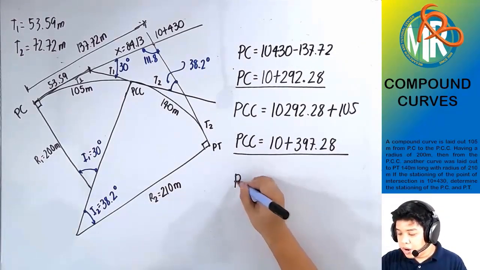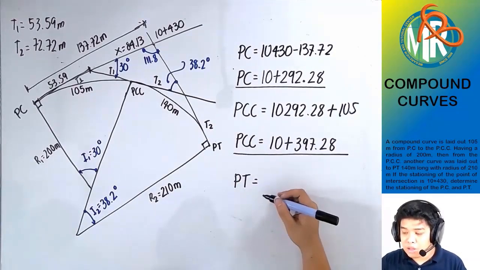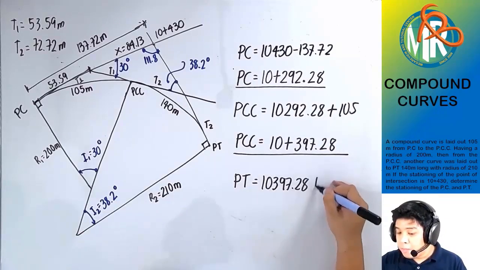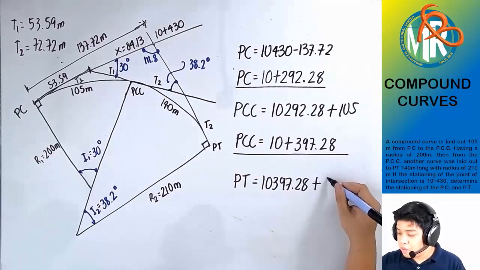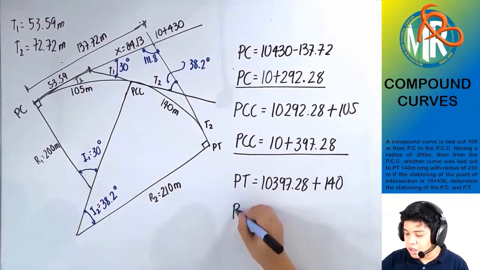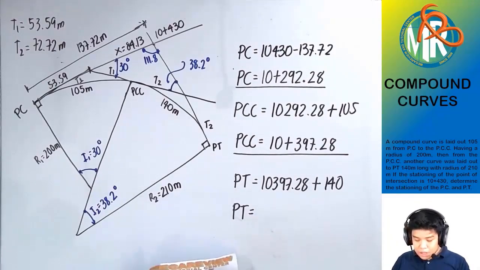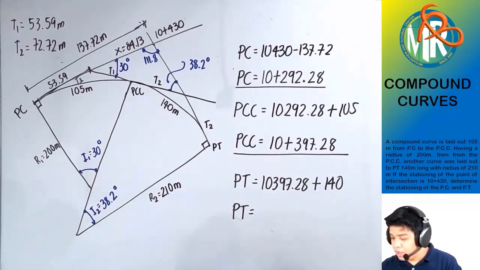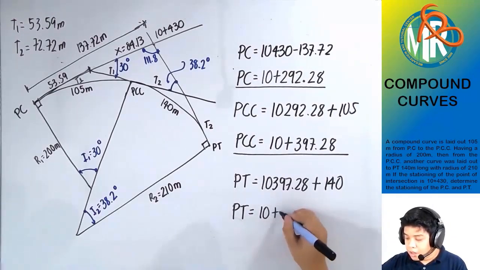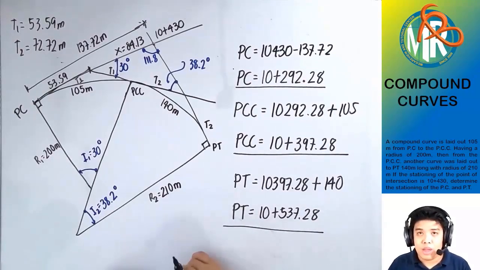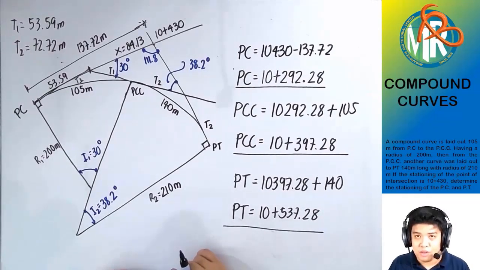And finally, for the stationing of PT, that is simply equal to 10,397.28 plus the length of curve from PCC to PT, which is equal to 140. Therefore, the stationing of PT is 10 plus 537.28. So that is now the final answers.